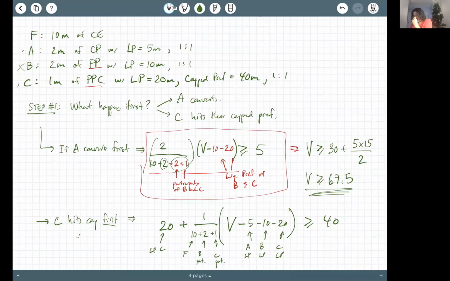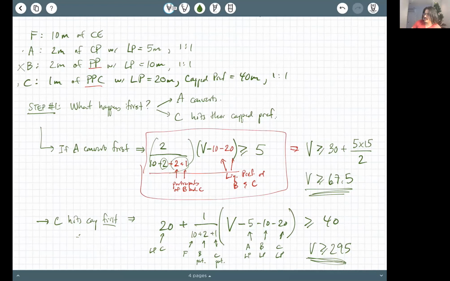Now we solve for this threshold value of V. That gives us 20 times 13, 260 plus 35, 295. So if C was hitting their cap before A converted, they would hit their cap at 295 million.